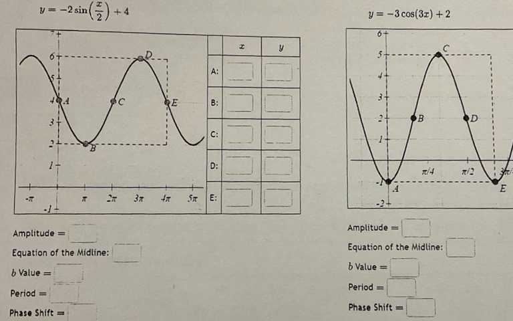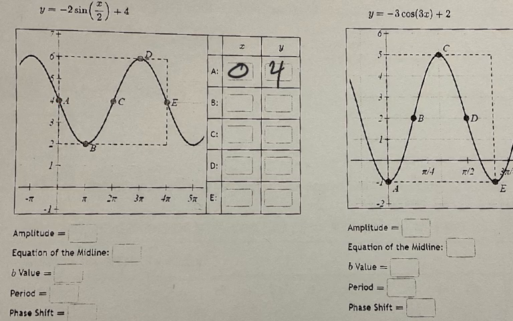Where are the coordinates of point A? 0, 4. B, pi, 2. C, 2 pi, 4. D, 3 pi, 6. And E, 4 pi, 4.